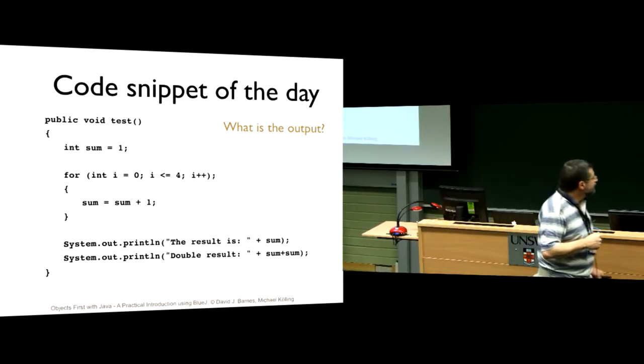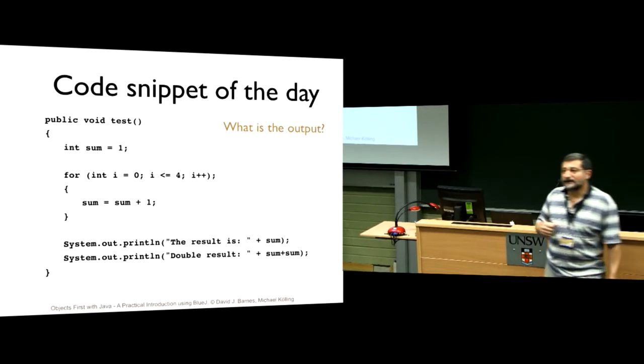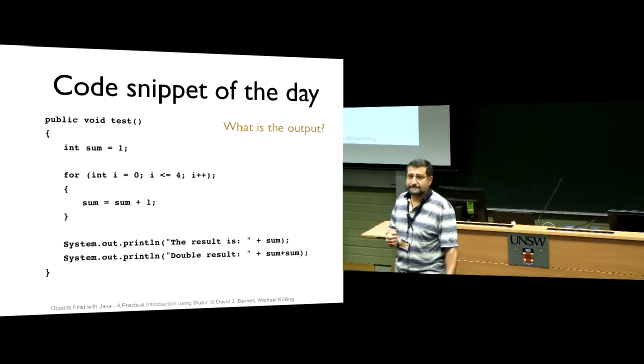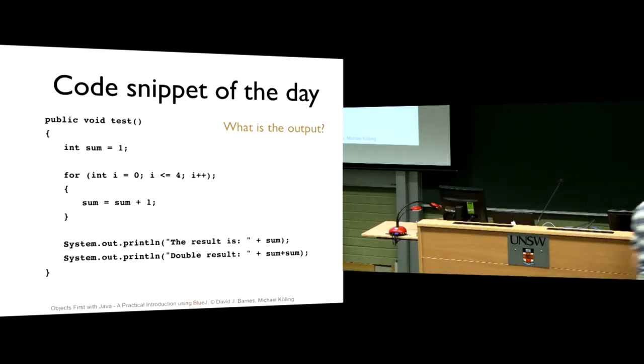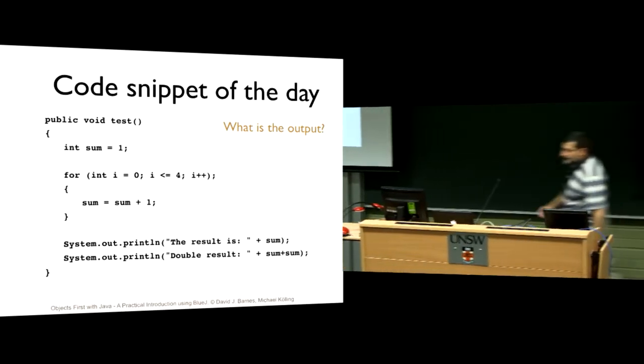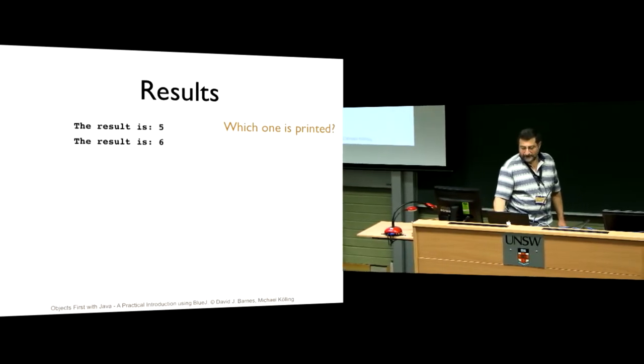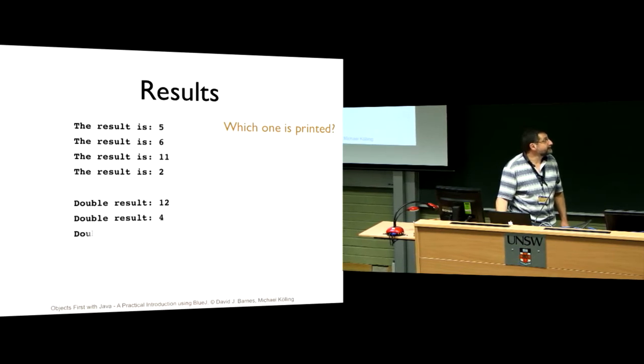And at the end, double result. What do you think should be the output from double result? Okay, so let's look at what happens. 6 is probably what we think it is, though there are various alternatives.